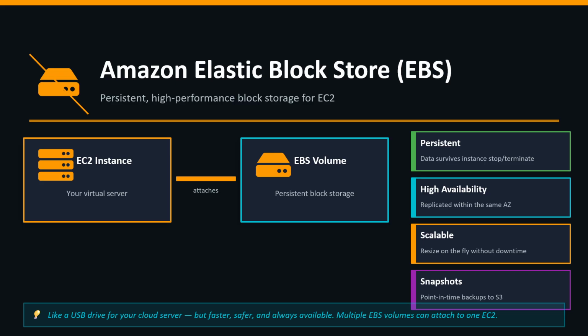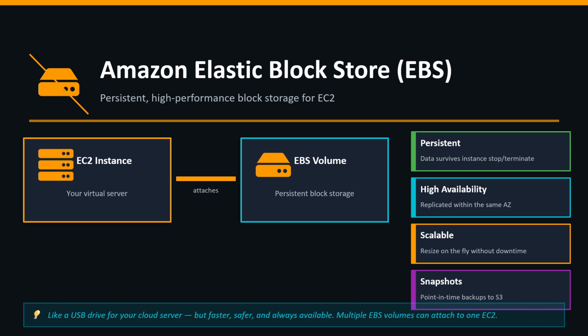Amazon Elastic Block Storage is attached to the EC2 instance. When we create the EC2 instance, it's automatically attached to an EBS volume. The EBS volume is persistent: when we stop or restart the EC2, our data is saved in the EBS.